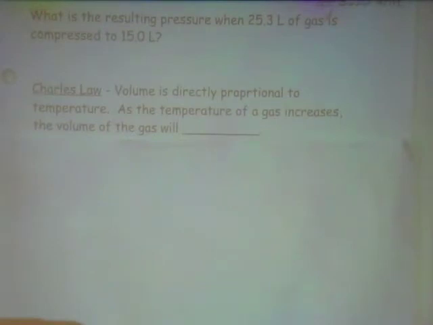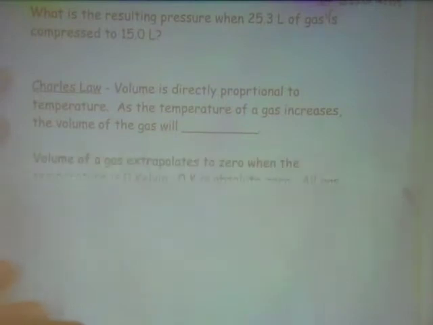The volume of that gas will also increase. In terms of a formula, V1 over T1 is equal to V2 over T2. They are directly proportional to one another, directly related.